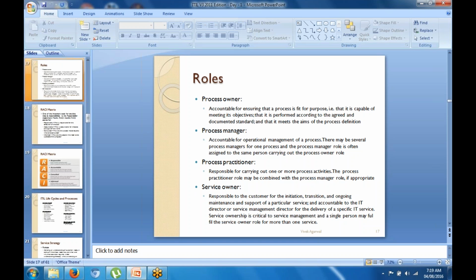If you don't know, you say no. If you know, tell me according to your knowledge, your perception, your assumption, why we are doing this. The purpose of the service owner, or the purpose of defining everything and putting it into a service catalog, why we are writing it initially in the strategy phase.